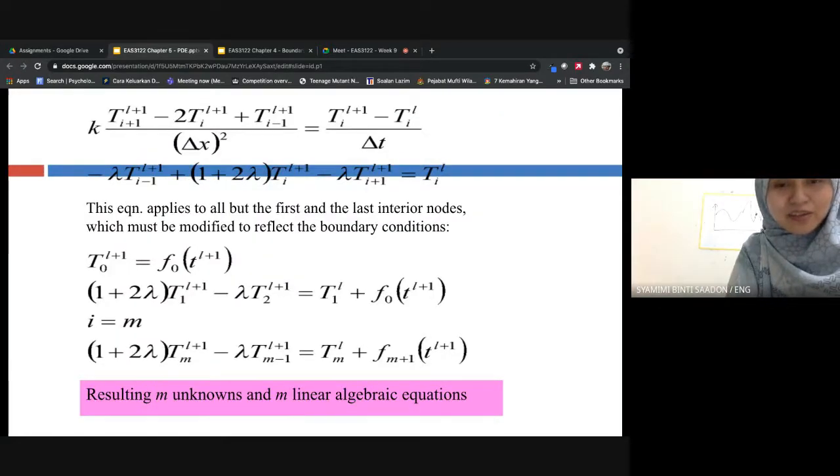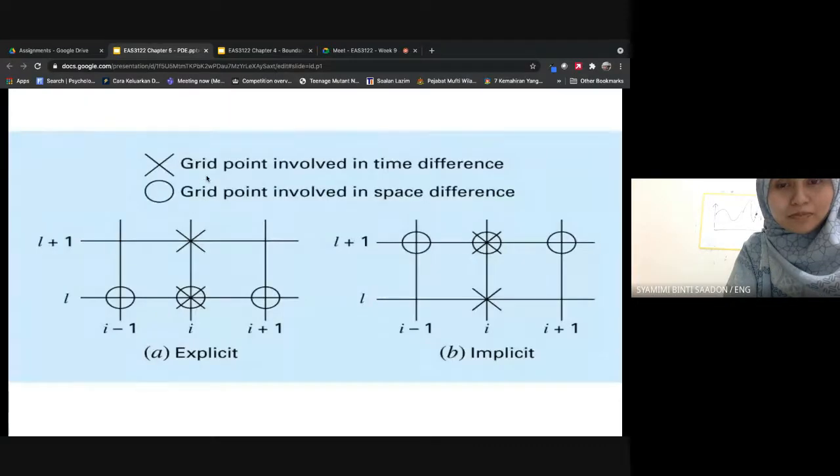This is the implicit method equation. For explicit just now, we need to consider this point, like the graphic I've shown just now. For implicit method, we consider the point at time L plus 1.